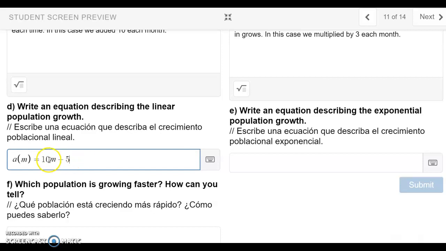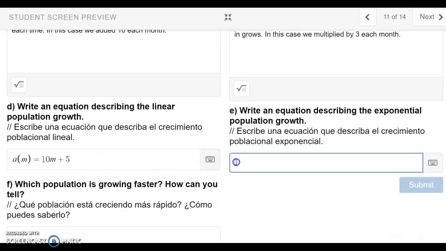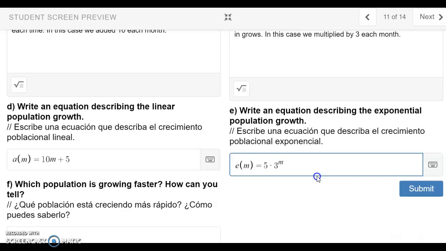Each month it's going up by 10. This one, let's call it exponential of M, E of M, equals our starting value in this one was 5 as well. And then we say times, it's growing by 3 each time. And so we say to the M power. Again, we just define our variable as M, and so that's what's here.